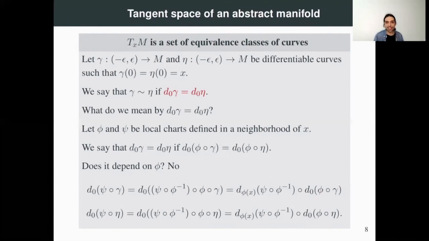So that implies somehow that the tangent space has to be well defined. Because if these equivalence classes actually are well defined, the tangent space has to be well defined.